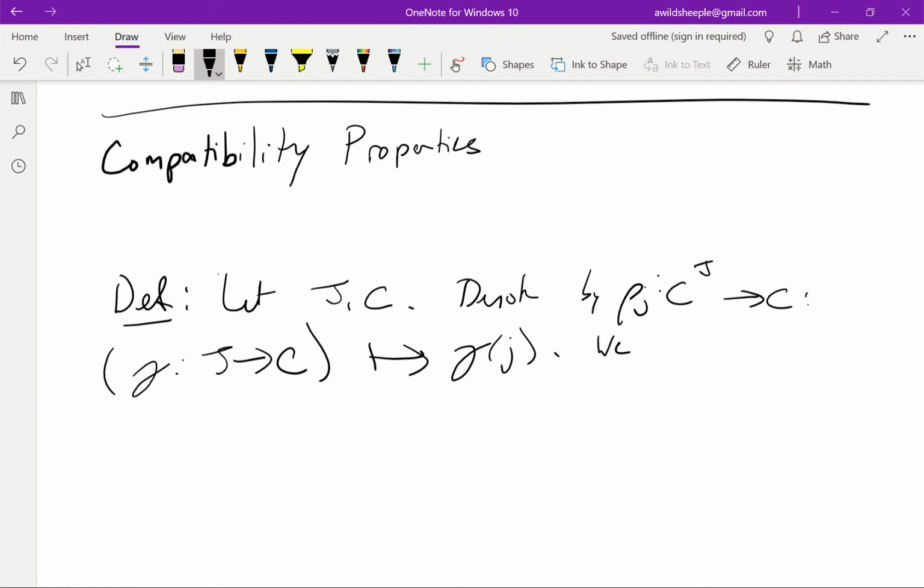We're going to call these ρ_J evaluations. This is sort of maybe evaluating the diagram, if you like. Well, not the whole diagram, but at least this particular element.